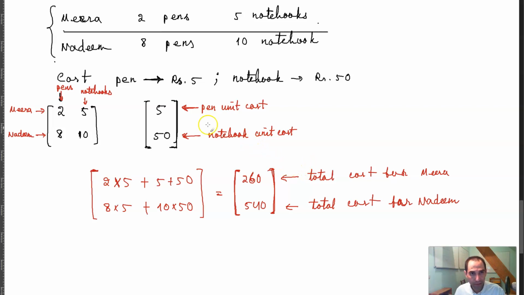Now suppose that Mira and Nadim go to another shop and ask about the price of these supplies there. And we are assuming that, of course, it's usually the case that even the same items, you cannot really find that sort of thing, at least in Europe, because everybody has their own types of items.